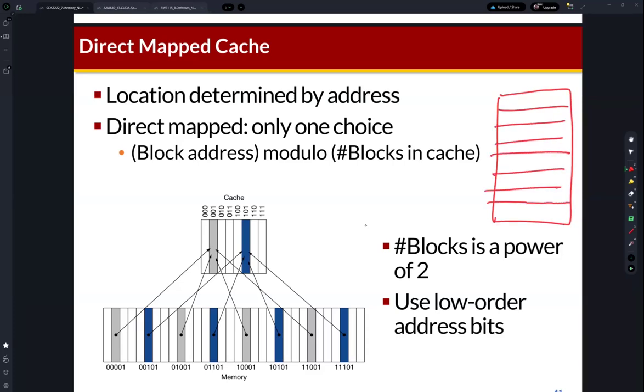And cache is a memory, which means cache includes multiple entries. So it's multiple spaces for storing data. Let us assume that initially the cache is empty, right? So the cache is empty, and we want to store a certain data, data X, to the cache. Then how can you select the location? The location of the cache which will store this new data.